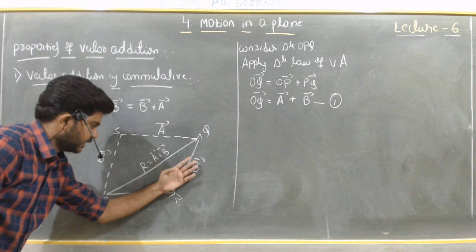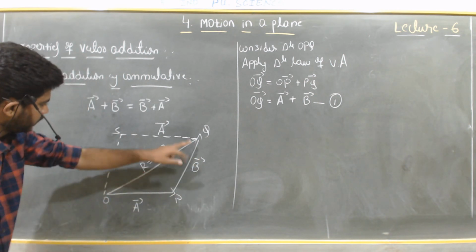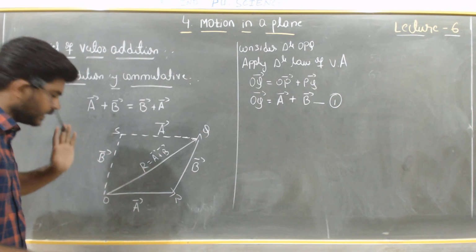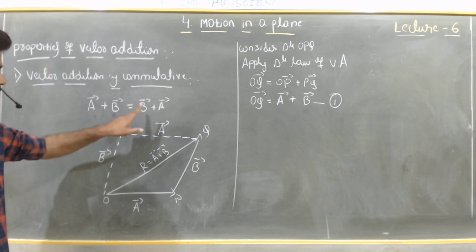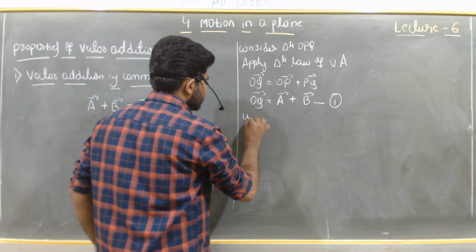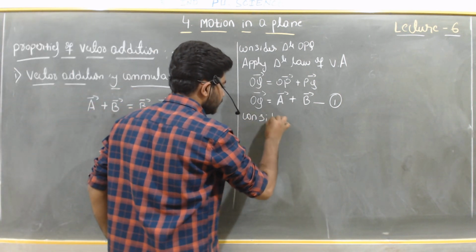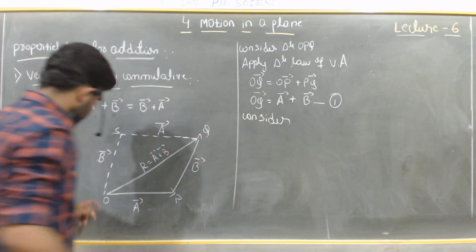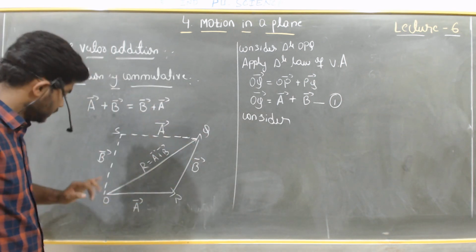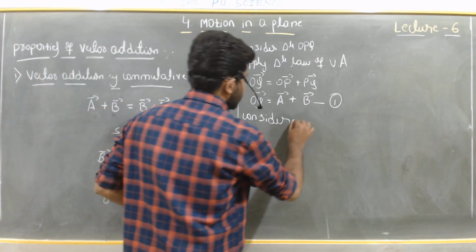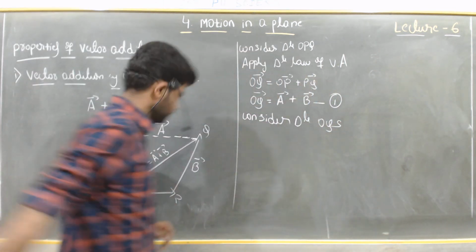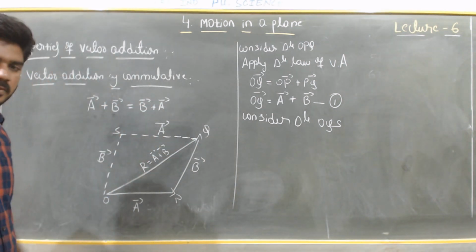Next, another triangle you have to consider to get this one, B plus A. Which triangle? OQS. Earlier it was OPQ. Consider triangle OQS.